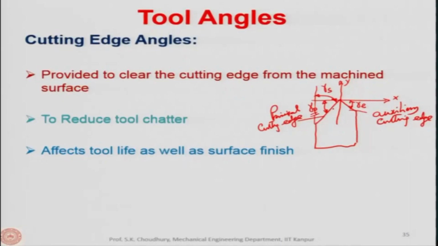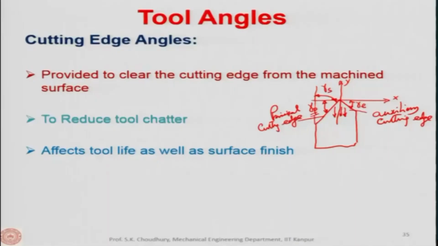In that case, what happens is that the components of the forces try to retract the tool from the workpiece. Let us say this is the turning process going on, and this is how the tool is located, this is the workpiece. Now this is the radial force, or the components of the radial force, which will try to retract the tool from the workpiece.